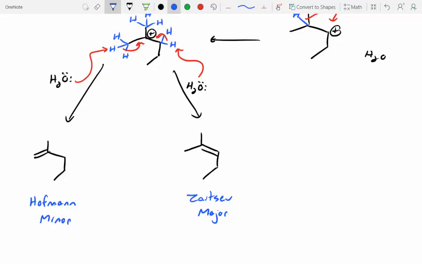Will we not see any product from before the rearrangement? That's up for debate. If you look in some textbooks, they'll say you might observe some E1 before rearrangement occurs. However, my general rule of thumb, if rearrangement can occur, it will occur, and draw your E1 products after rearrangement. Does that make sense? It'll make it a little bit easier just to conceptualize everything.